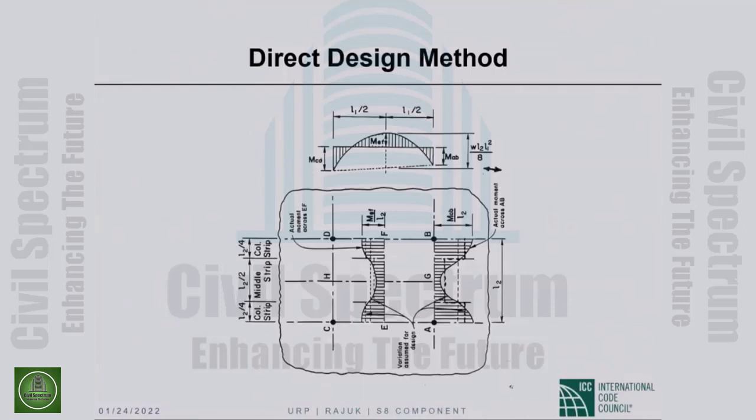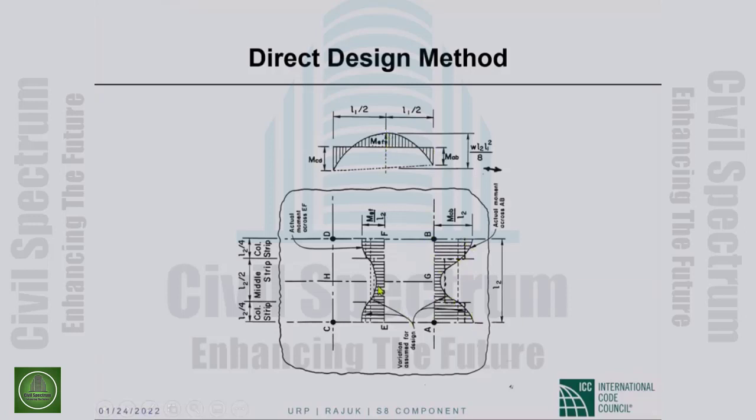Now, we have M sub 0, and we have distributed that to support moments and the span moment. This support moment is for the entire width of the panel. And across the width of the panel, this support moment does not vary uniformly. The variation is more like shown in the picture.